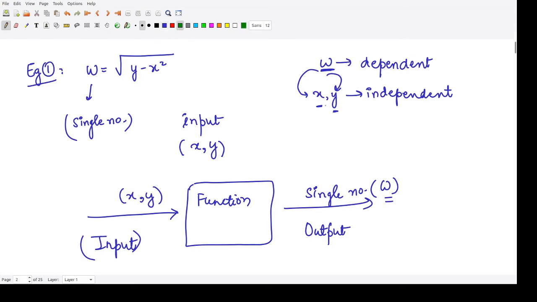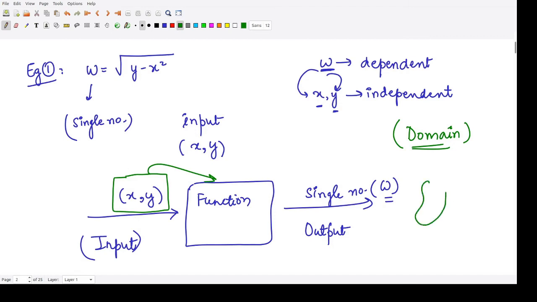Now you have to see what the domain of this particular function is. The domain means which values of x and y you could provide as input to this function. Obviously you cannot provide all values, because this function w is defined from the set of real numbers to the set of real numbers; we are not talking about complex numbers.